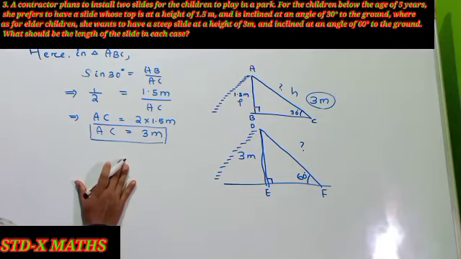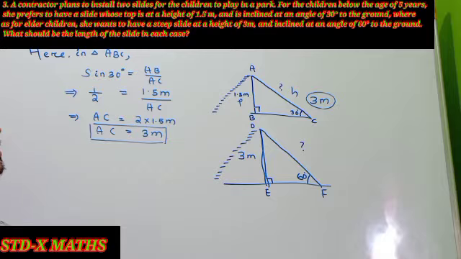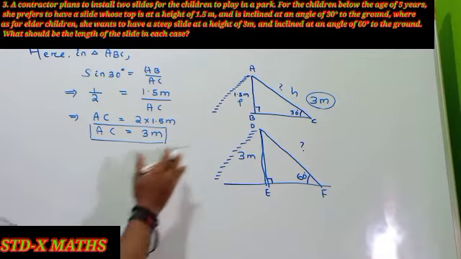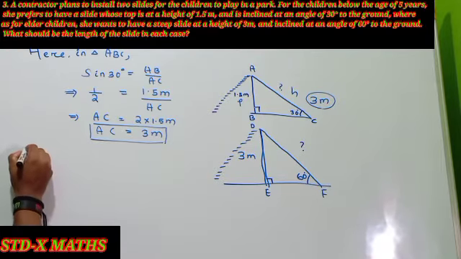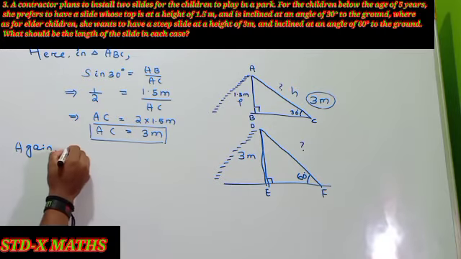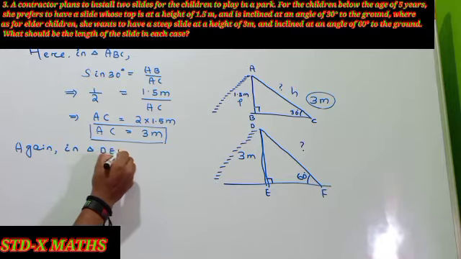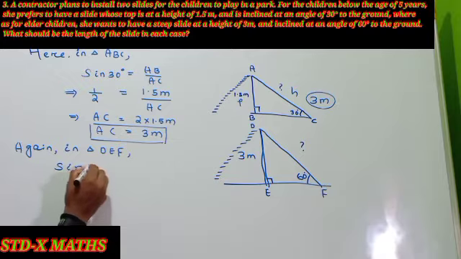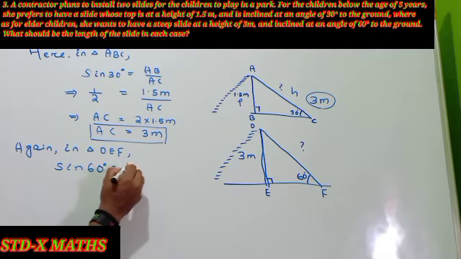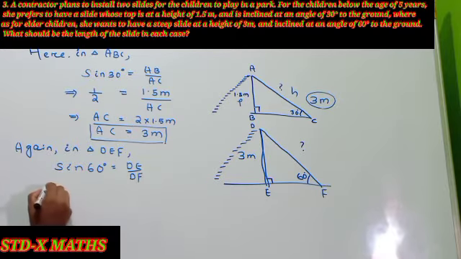Just like we have done the case of the slide for children less than 5 years, in the same way we have to find it for the elder also. So for the elder, in triangle DEF, sine 60 degree is DE divided by DF.